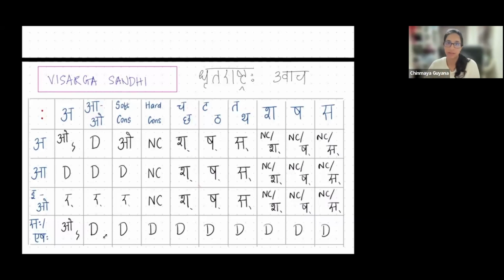The biggest problem, I think, will come here if you can't identify the vowel that comes before the Visarga. So that will be the biggest challenge. But breakup of the words was supposed to have helped here.